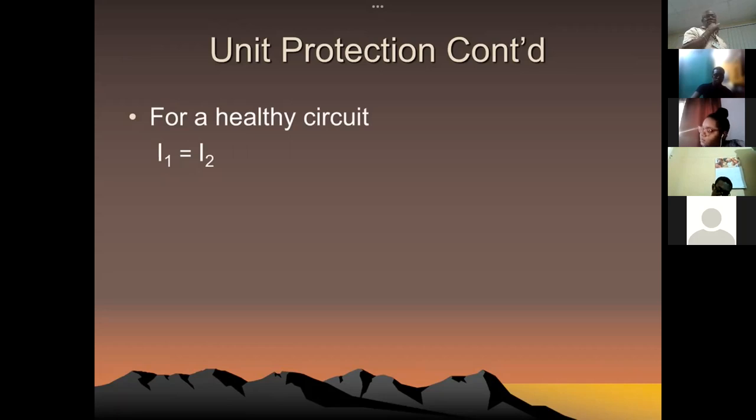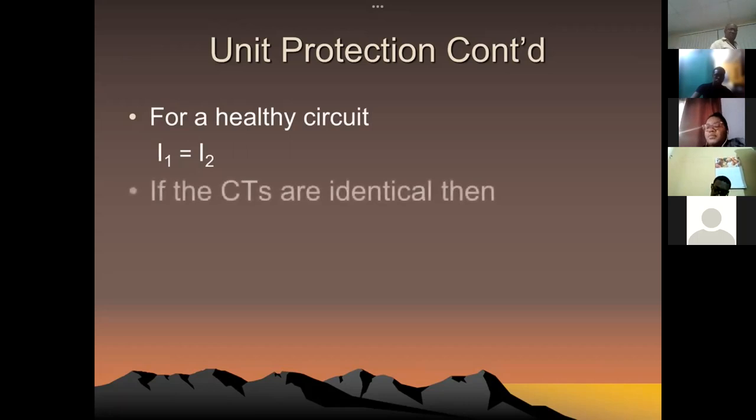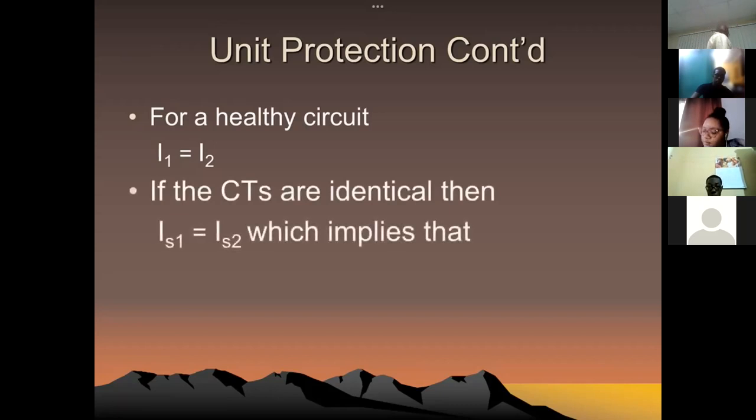The currents will be based on the turns ratio of the transformer. So if you have identical CTs, then IS1 would be equal to IS2, which implies that your relay current is 0. So under these conditions, meaning no fault on your system, that's what we would expect.